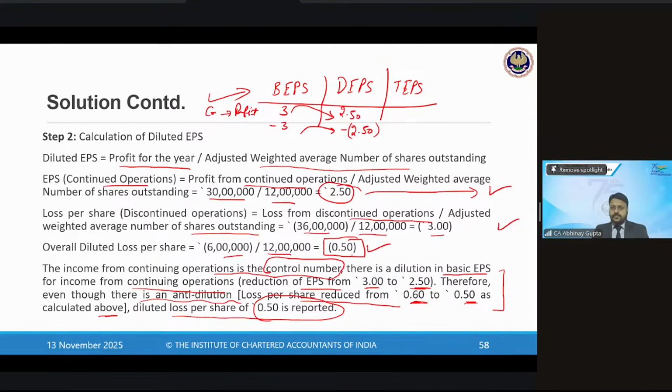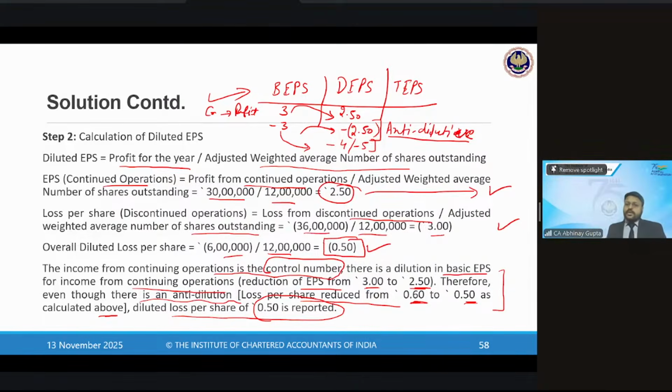Yes or no? Yes, sir. So unless and until minus 3 increases to minus 4 or minus 5, it is not dilutive, correct? So if it is going to minus 2.5, that is, it is getting increased, then it is anti-dilutive. Are you understanding it?